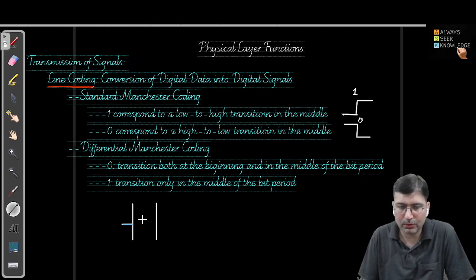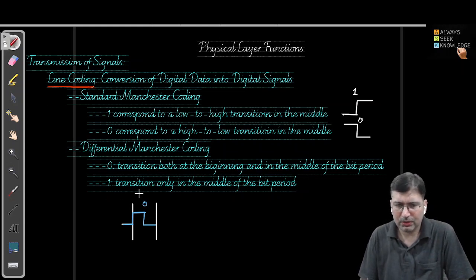If we want to represent 0, then first the level will be changed, and then in the middle of the bit period the level will be changed again. So it is high to low again. So this will represent 0.